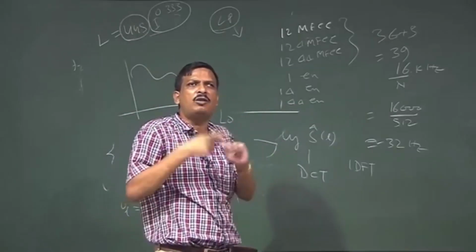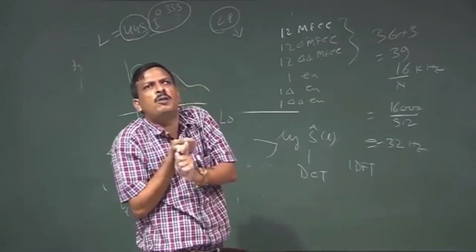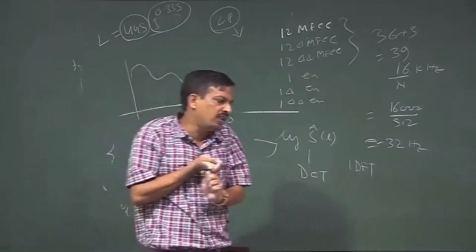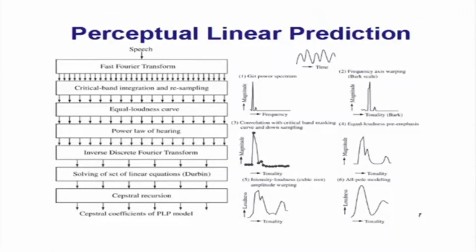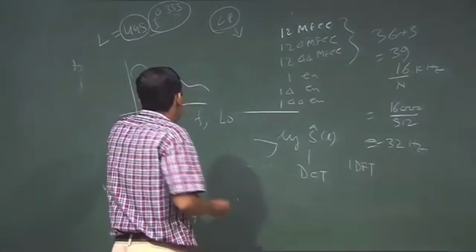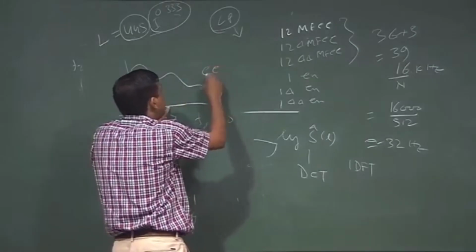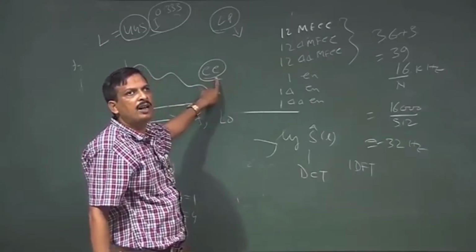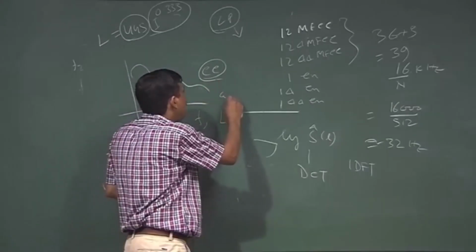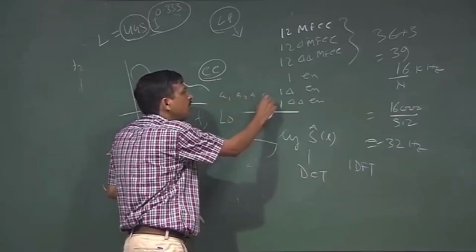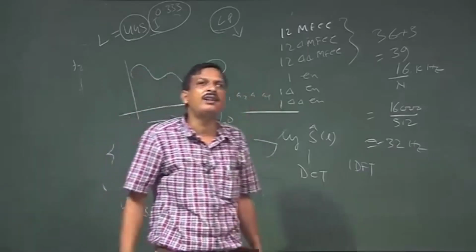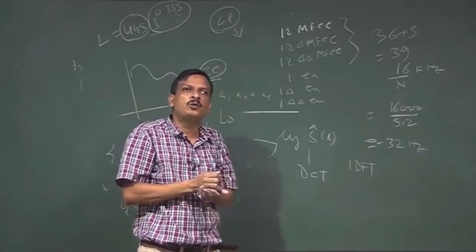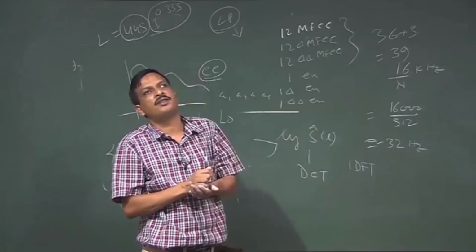So, modify the loudness using the cube root of intensity. Then take the inverse Fourier transform, and then what will I get? I will get the cepstral coefficients. From the cepstral coefficients, I can calculate the A1, A2, A3, up to AP, which I have already discussed. That is called the PLP coefficient, perceptual linear prediction.